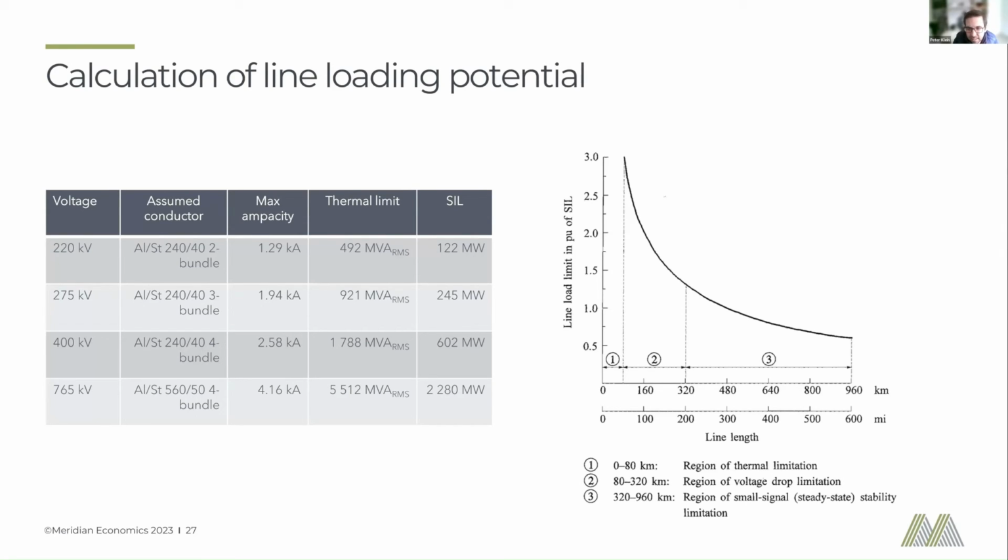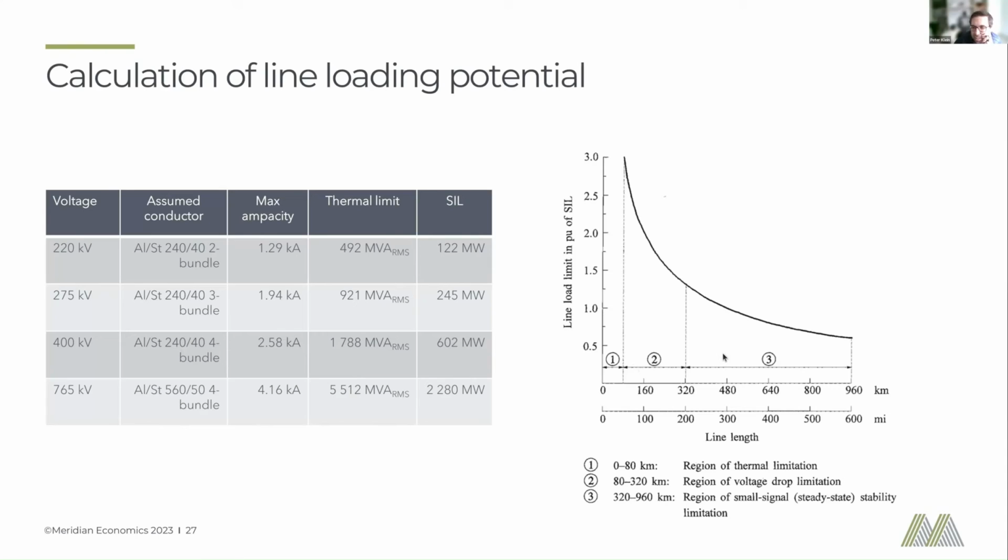But what we've done is look at St. Clair curves, where essentially your line loading limit varies by the length of the line. Up to about 80 kilometers in line length, the line is limited by its thermal loading, often approximated by in the order of 3 times SIL.